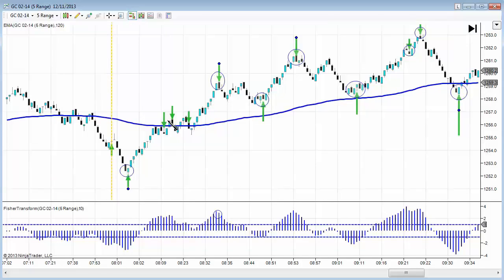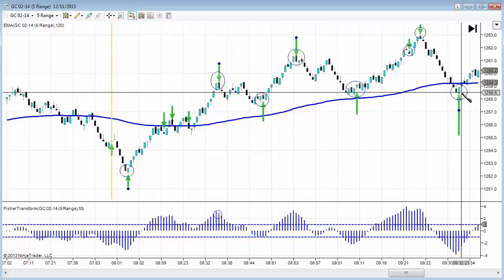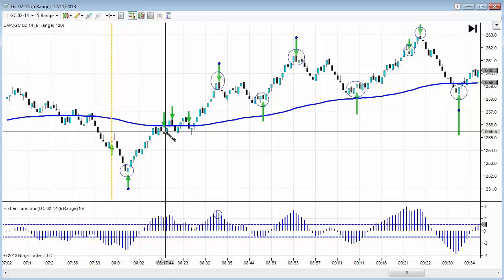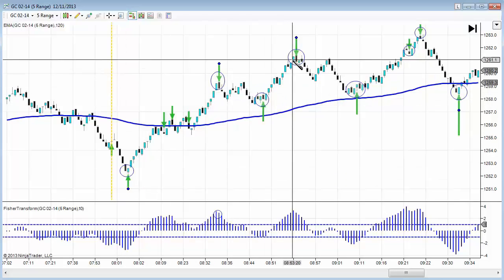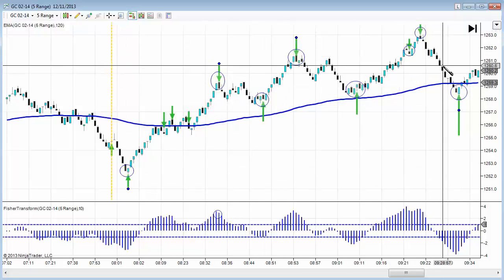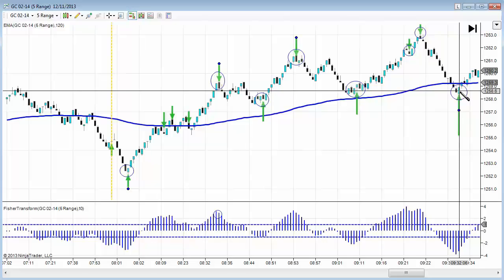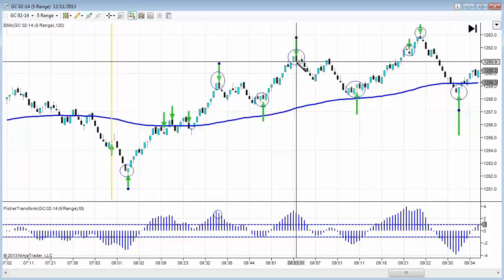You have 1, 2, 3, 4, 5, 6, 7, 8, 9, 10, 11, 12 signals. How many of them immediately push down or immediately push up into profit? 1, 2, 3, 4, 5, 6, 7. So 7 of those signals out of 10 immediately pushing into substantial areas of profit.